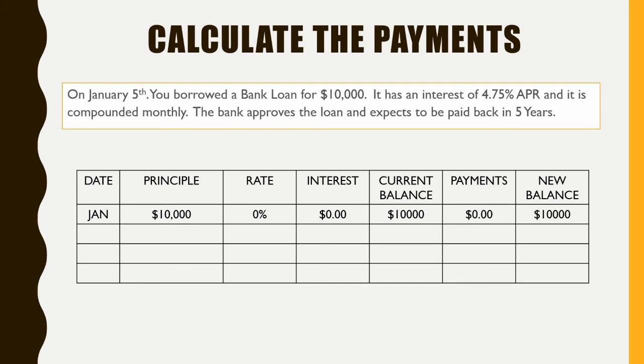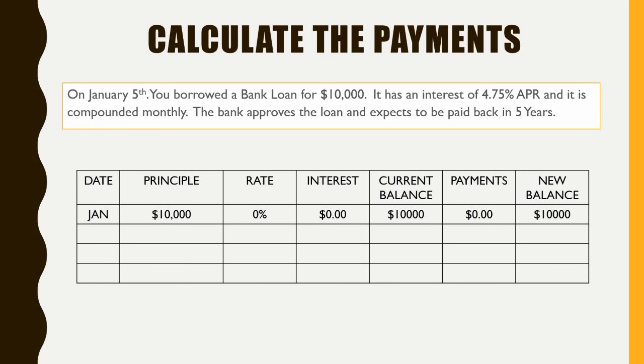So here's the table that you're going to set up: let's do a month-to-month criteria where we're looking at how much interest is going to be collected and what happens when we make a payment. We determined that in January we got a $10,000 loan. Usually in the first month you never accrue interest.